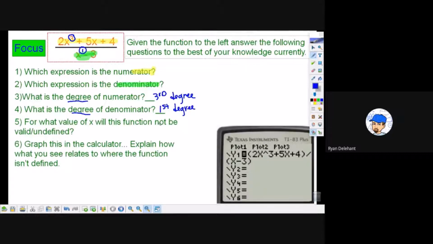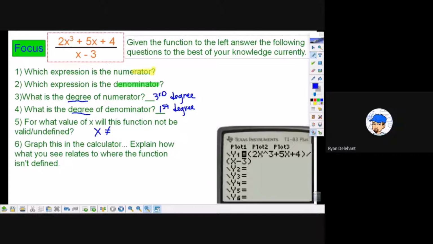For what value of x will this function not be valid, or be undefined? So when we look at this, I'm going to erase what we've got up here. We're looking at this fraction. What this is asking is, what number can I not use for x? Because I'm not going to be able to calculate it.